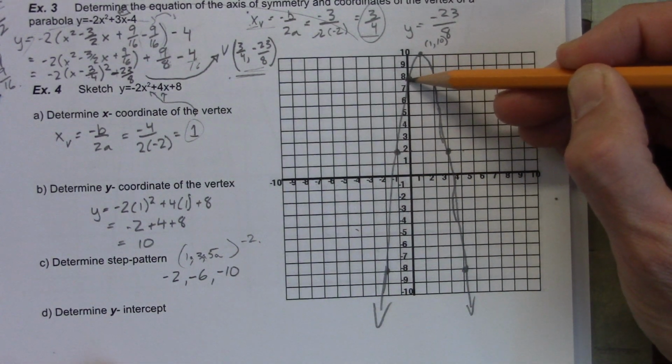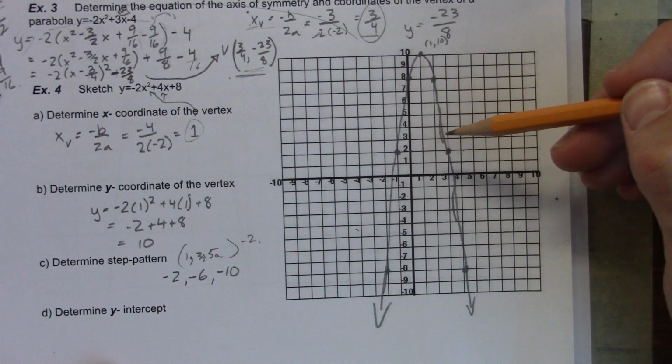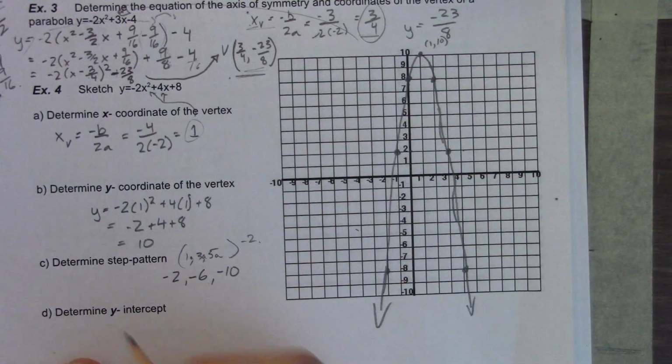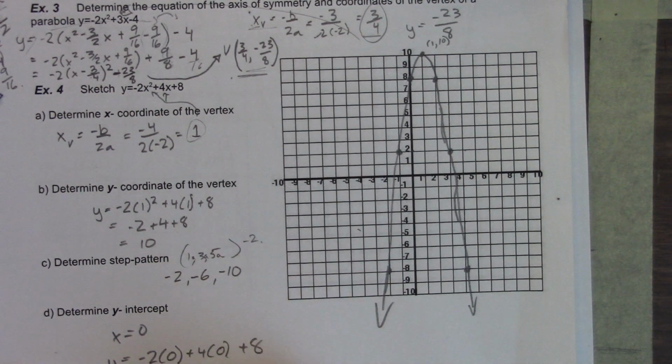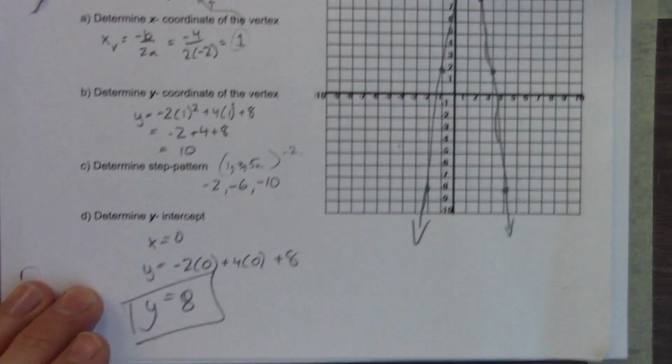You can see here it's right on 8. Basically that's when x equals 0. If we sub in x equals 0 into the equation, we get y equals 8. That's our y-intercept.